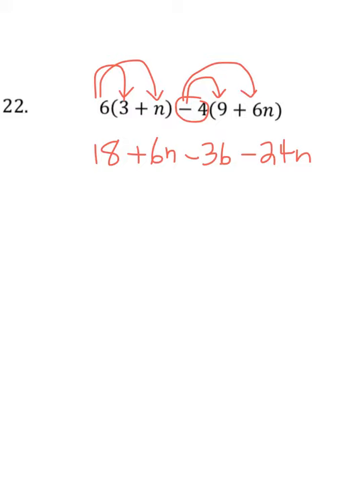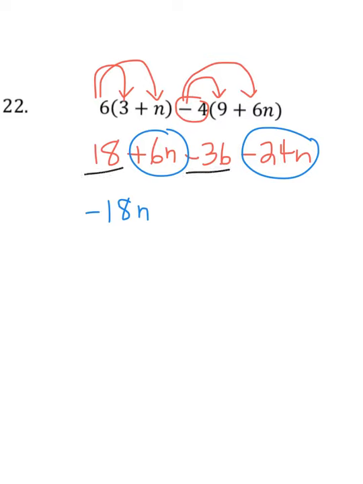Okay, let's put our n's together. Do you notice I'm taking the sign with the number in front every single time? 24 and a 6, that will give me a negative 18n. 18 minus 36, that's going to be a negative answer.